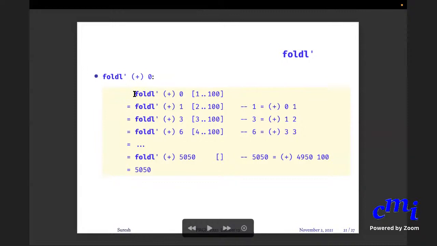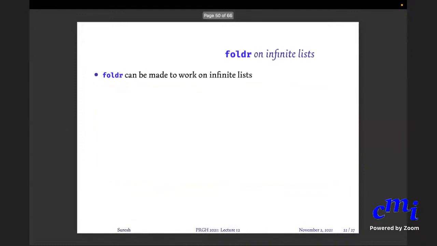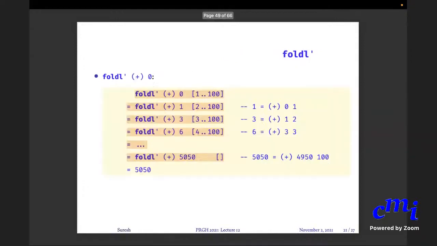You see how much simpler this picture is. You are not carrying some huge expression around to be evaluated only at the very end. You will evaluate everything as you go along. So this is the difference between foldl and foldl', and there are more subtle things, foldr on infinite lists, etc., which we shall handle when we meet after Deepavali.